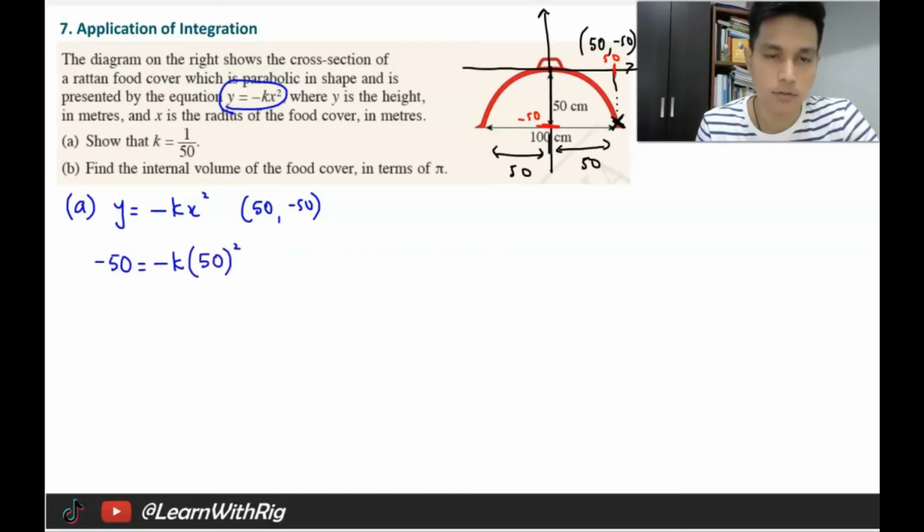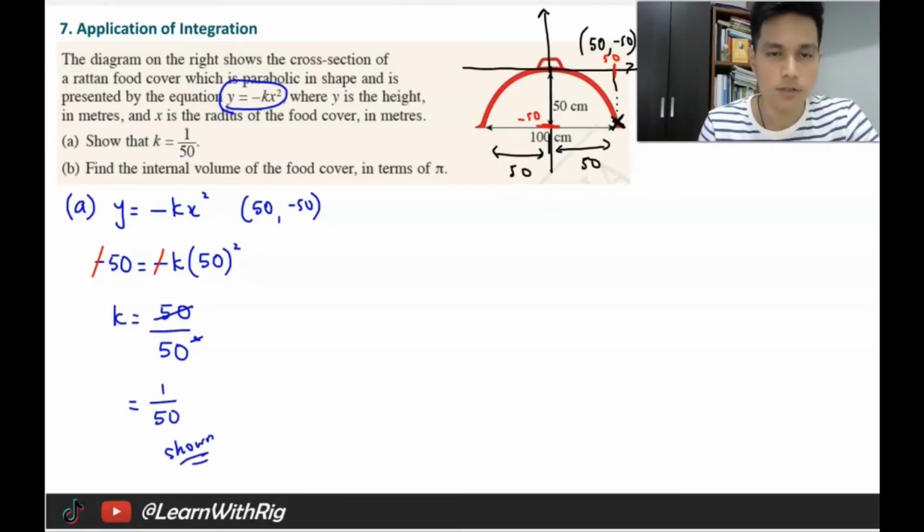Here the negatives cancel out, so k would be equal to 50 over 50 squared. Your answer would be 1 over 50. So is it shown? You managed to show. This is how you show.